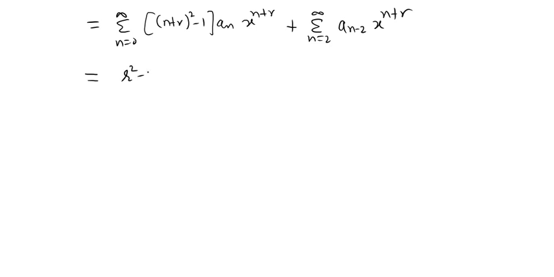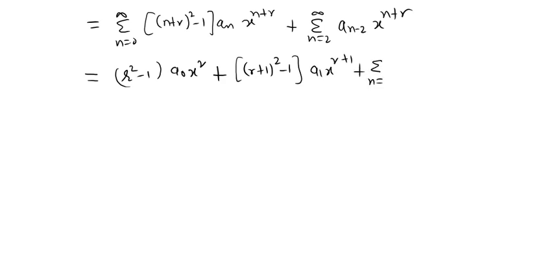So now fit n equal to 0. The first term is this, the coefficient of a0, then n equal to 1, and the rest of the terms can be combined, n equal to 2 to infinity: ((n plus r) square minus 1) a_n plus a_(n minus 2), multiplied by x^(n plus r).